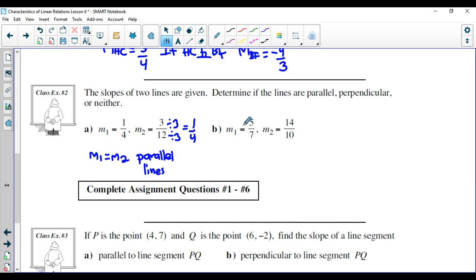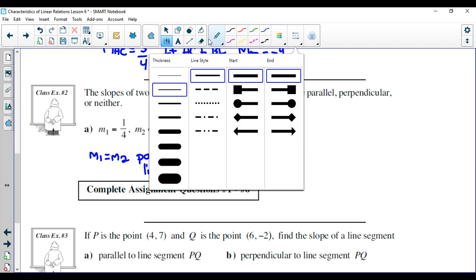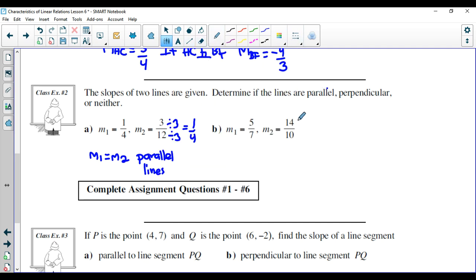Okay, this one, M1 is 5 over 7. M2 is 14 over 10. Let's try to reduce that fraction to see if we can compare the slopes. If we divide by 2, this would be equal to 7 over 5. Now, at first glance, you might think these are perpendicular because this slope is the reciprocal of the other one. But it's not just a reciprocal, it must be a negative reciprocal.